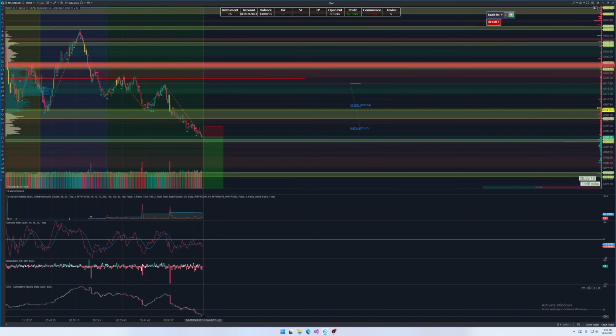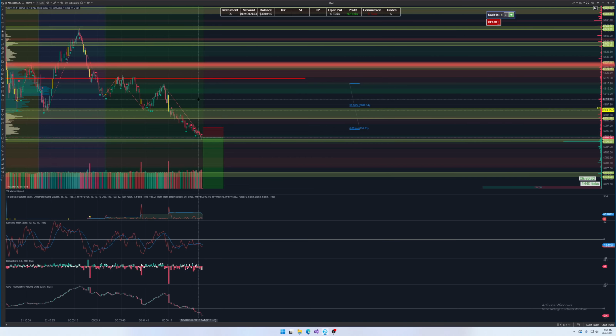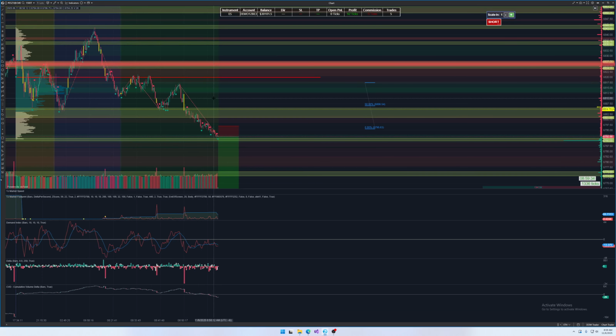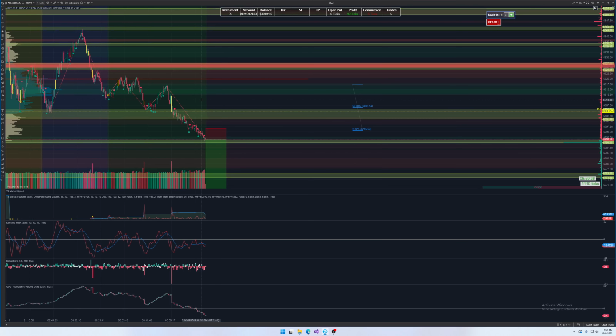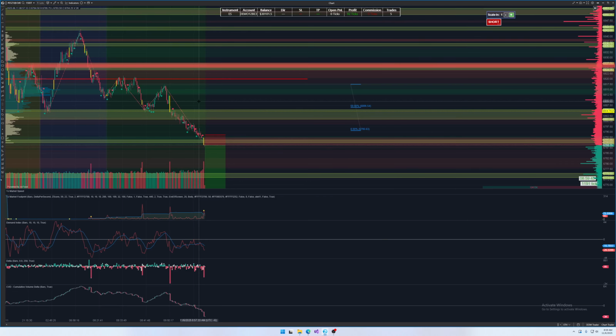This cumulative delta here, it goes massively down today. We see, oh, here, look, the market is reacting right here. And it just goes through.